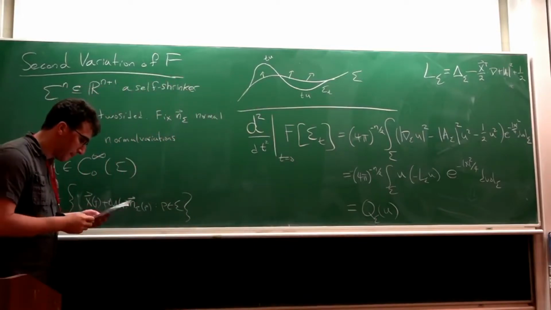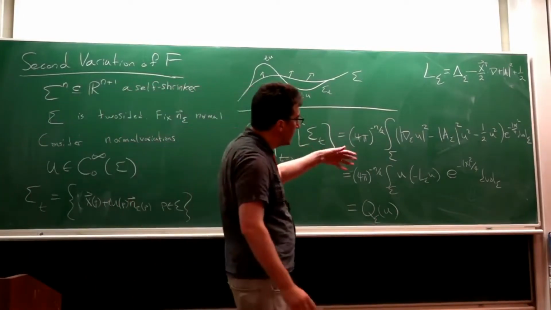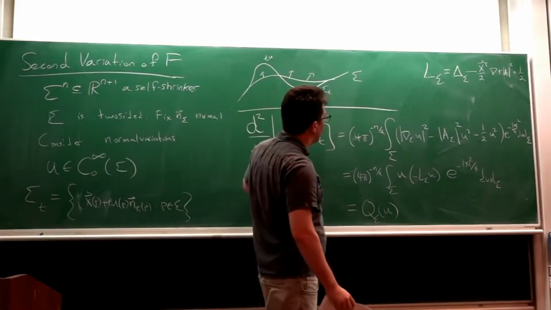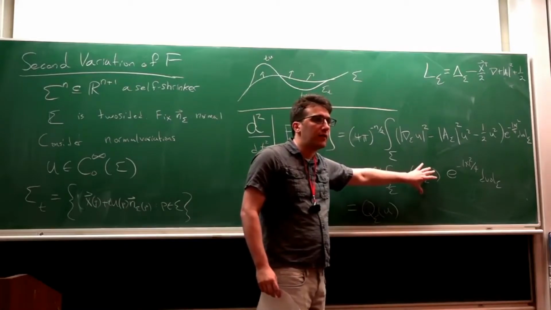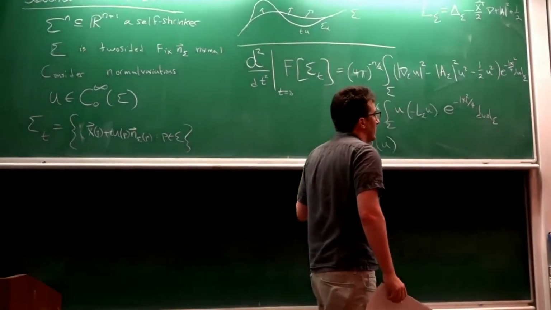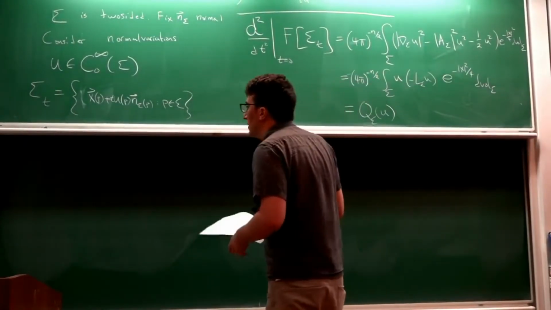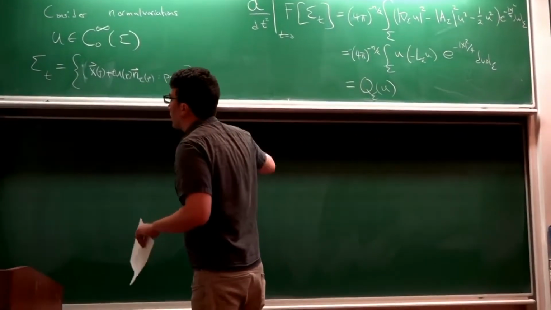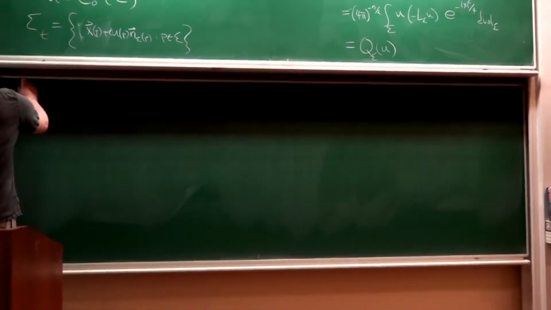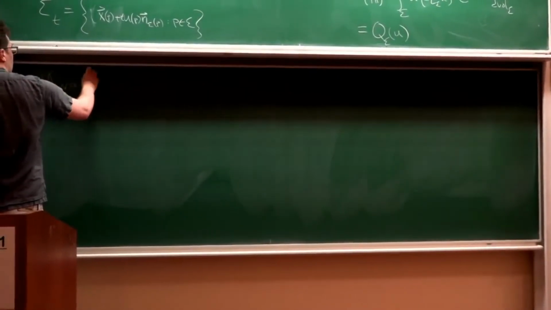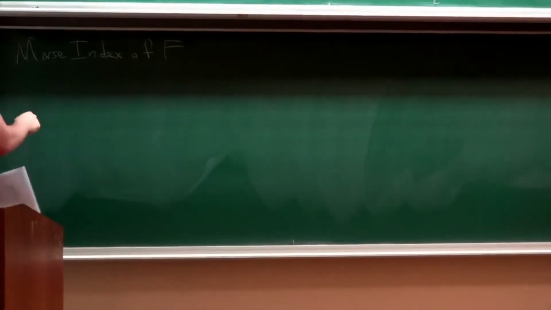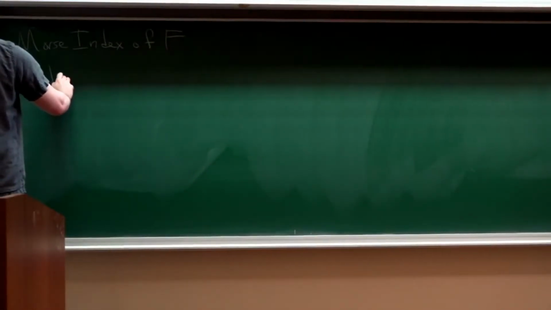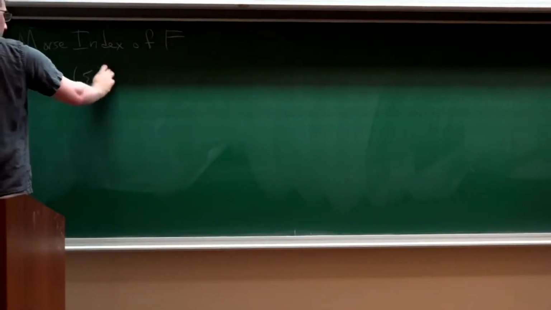And the point is, as we know, the second variation properties of this function are going to be closely related to the spectral properties of this operator, which we will exploit. So what is the Morse index? We define the index of sigma.